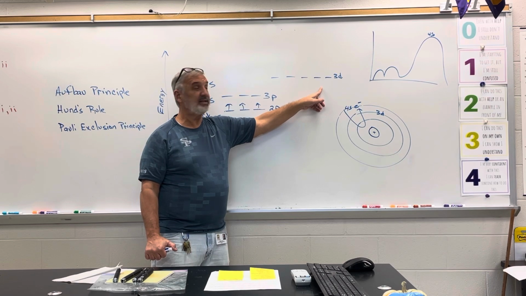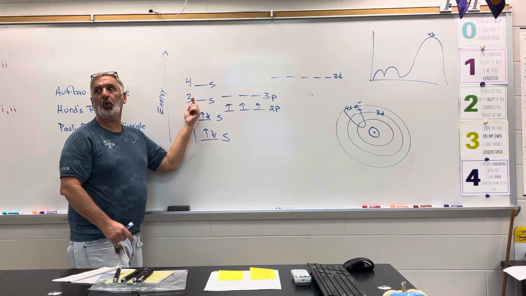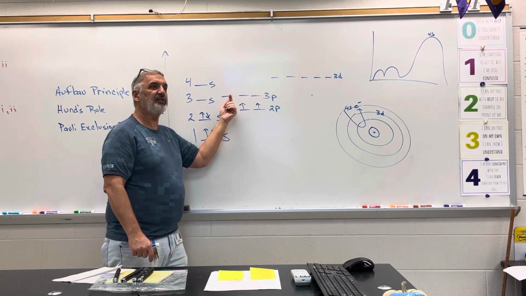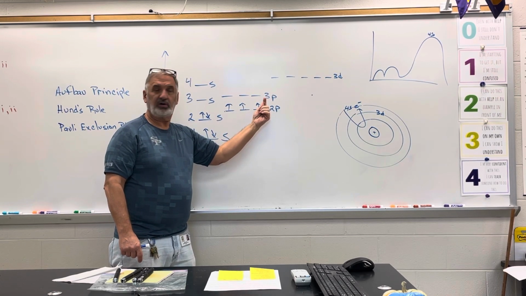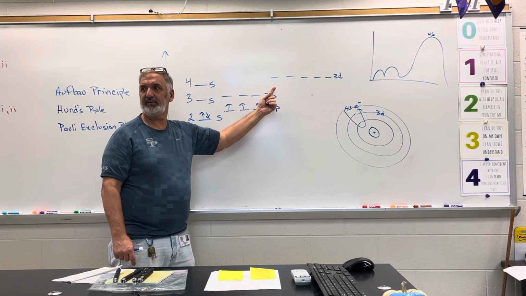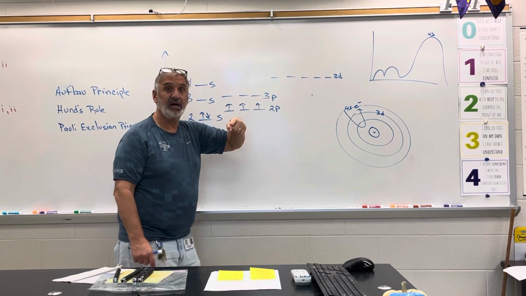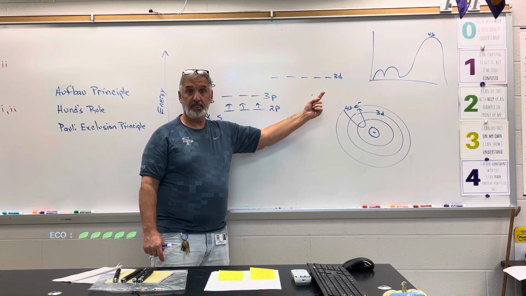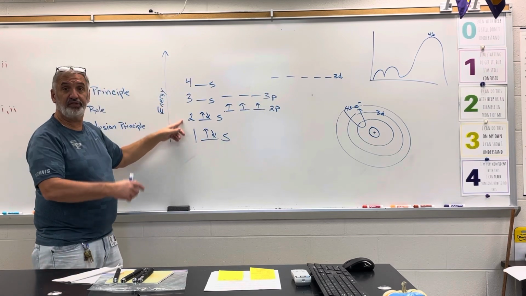On the S sublevel, there's only one orbital. On the P sublevel, there are 3 orbitals. On the D sublevel, how many orbitals? 10 electrons, how many orbitals? 5 orbitals. Okay? So, energy level is the whole thing.